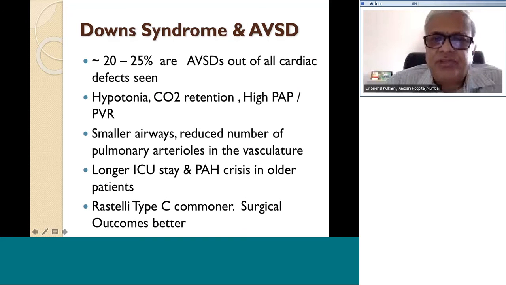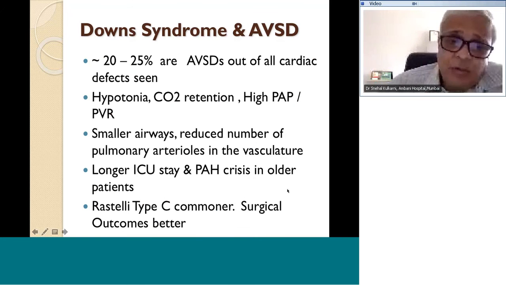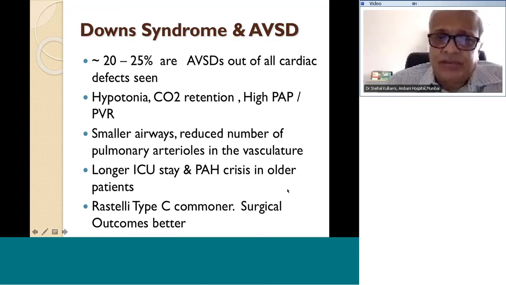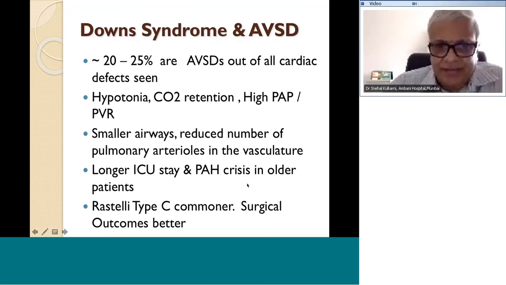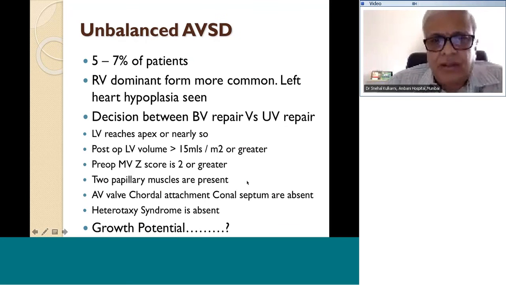Smaller airways contribute to this, with a reduced number of pulmonary arterioles in the vasculature. And this translates into longer ICU stay and PH crisis in older children. They do have type C Rastelli more commonly, and surprisingly, the surgical outcomes are much better in Down syndrome than in non-Down syndrome, because the anatomy is more amenable to good repair.